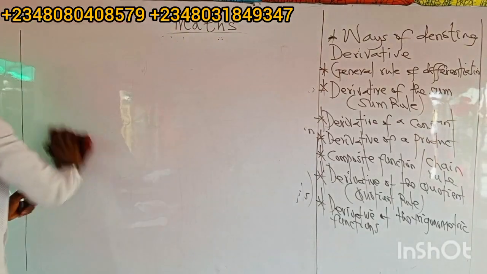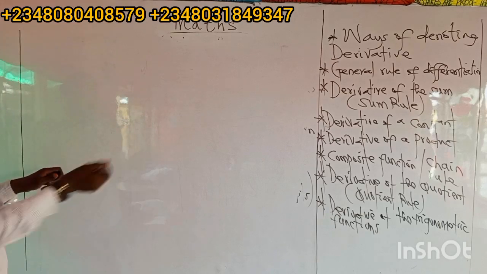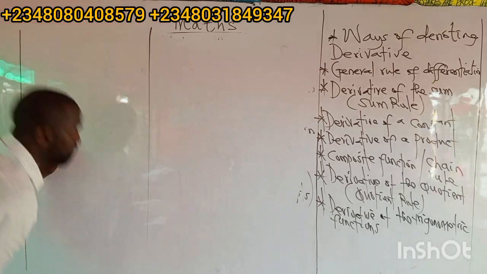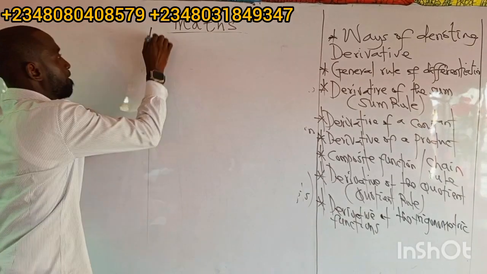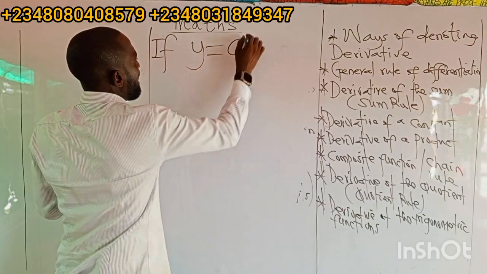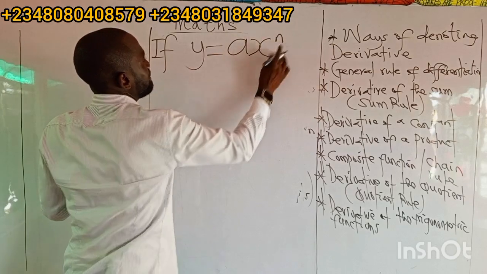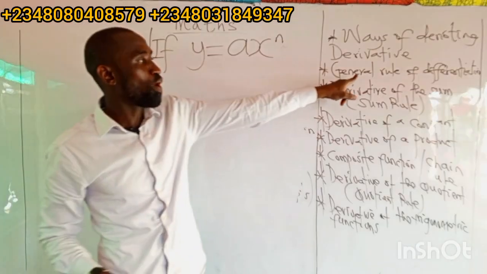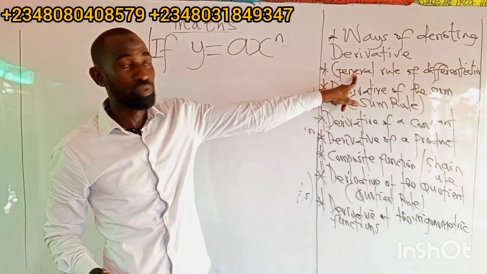So let me divide the board. If y equals ax raised to power n, this general rule we can also call the power rule.